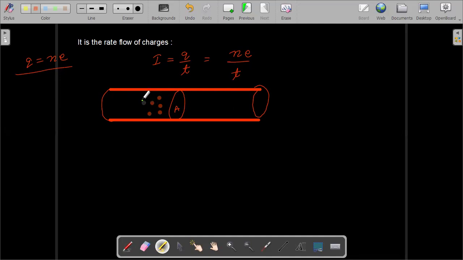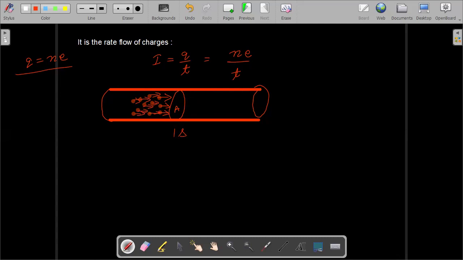So in 1 second, how many electrons or how many charges are able to cross this cross section? This gives us the amount of current. So in 1 second, we find out how many charges are crossing, and hence we can find out current.